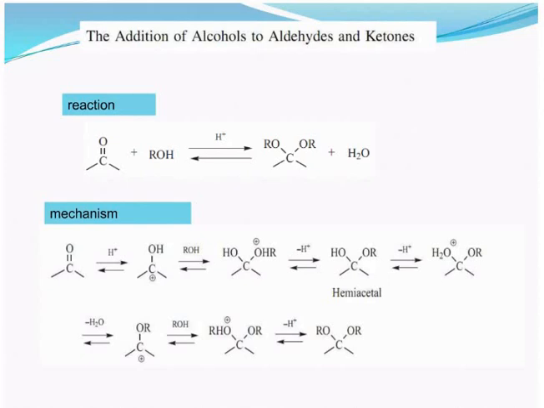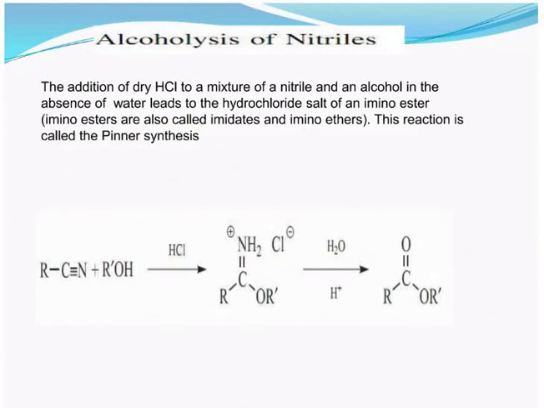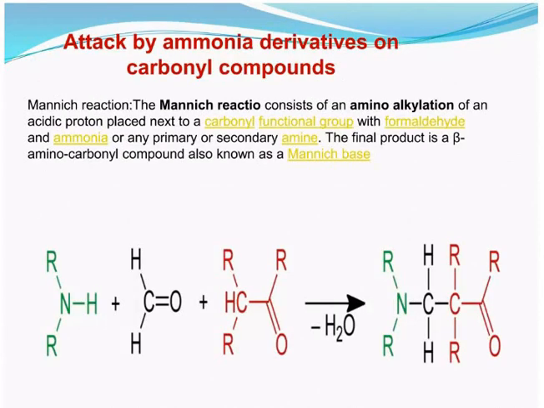Addition of alcohol to aldehydes and ketones. You can see diol and diether, and go through the mechanism. Now you can see here addition of alcohol to isocyanate. Alcoholysis of nitriles. Attack by ammonia derivatives on carbonyl compounds.